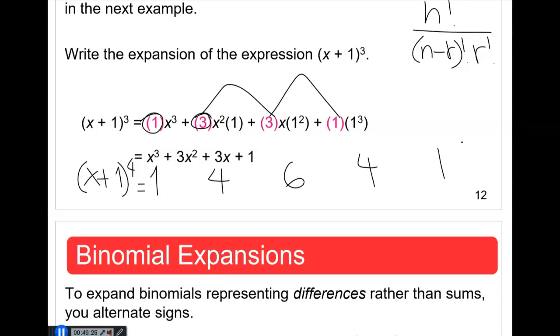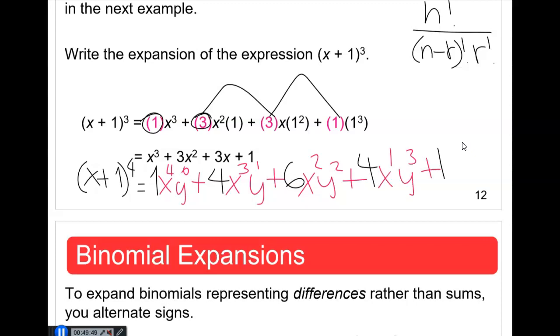So we're going to start with x to the power 4, y to the power 0. Then we're going to have x to the power 3, y to the power 1. Then we will have x to the power 2, y to the power 2, then we will have x to the power 1, y to the power 3, and then finally x to the power 0, y to the power 4.